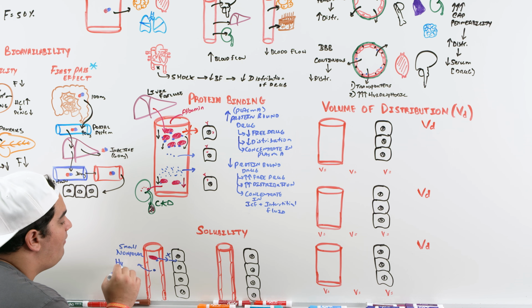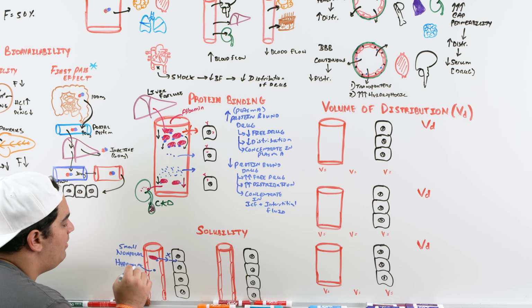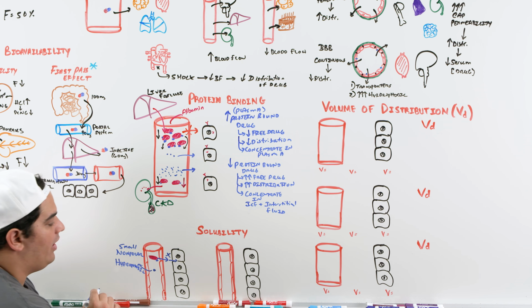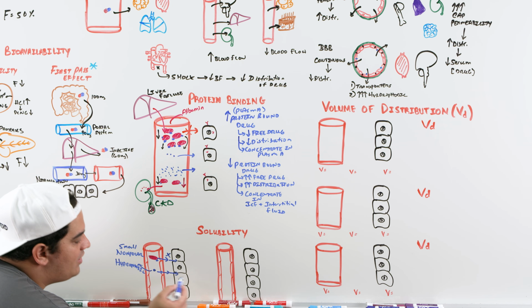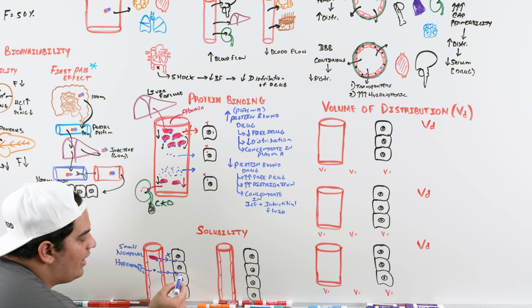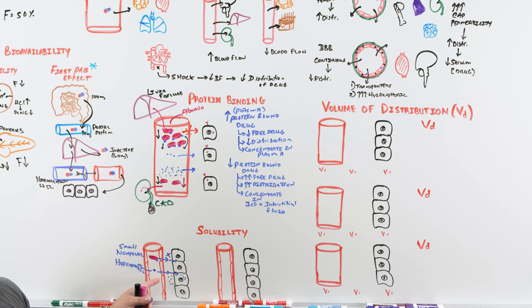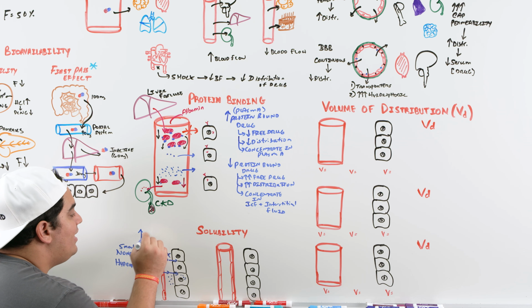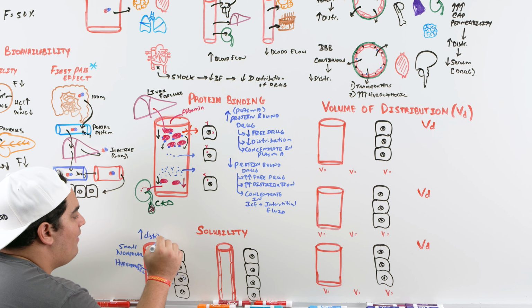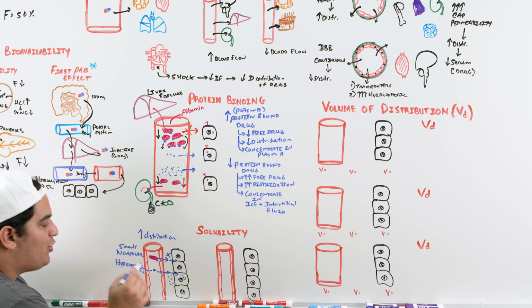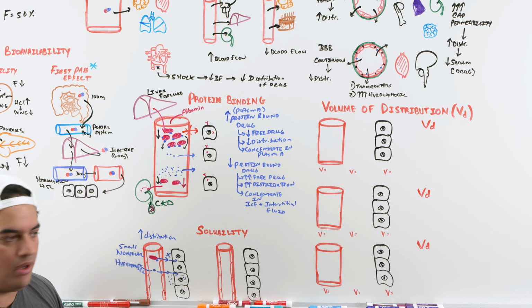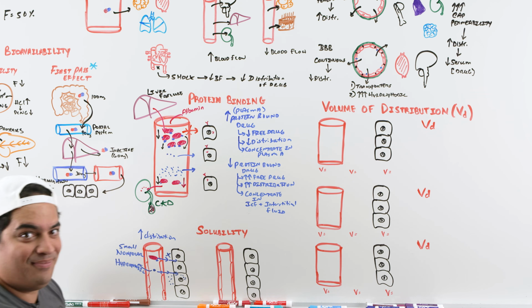It's hydrophobic, meaning that it's extremely lipid soluble, loves lipid. This thing can pass through here so easily and can easily distribute out of the blood into the tissues, and this would be a very high distribution. So you have high distribution of a drug whenever there is an increase in the non-polar, hydrophobic, or small nature of the drug.